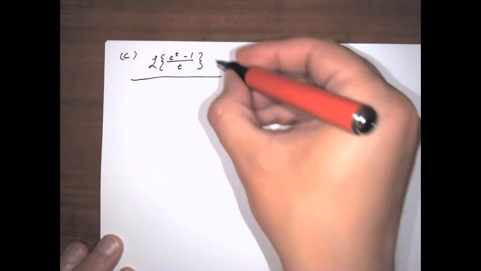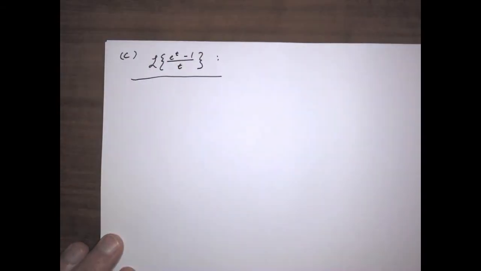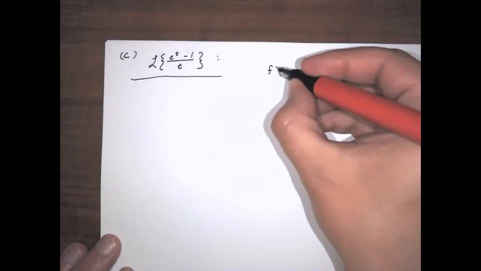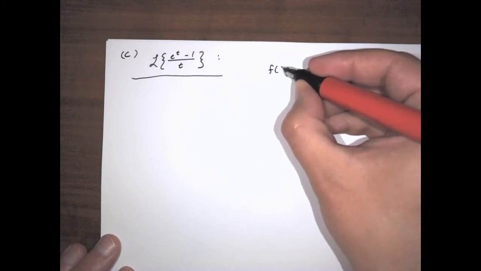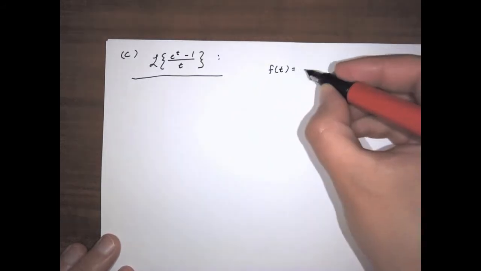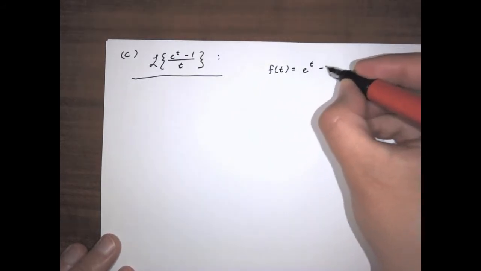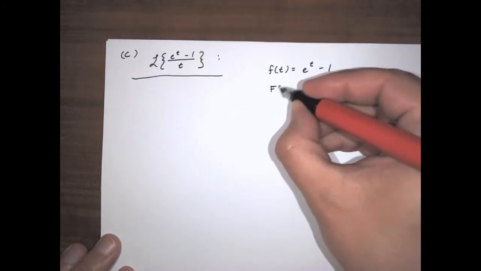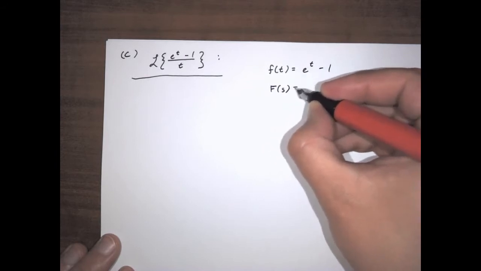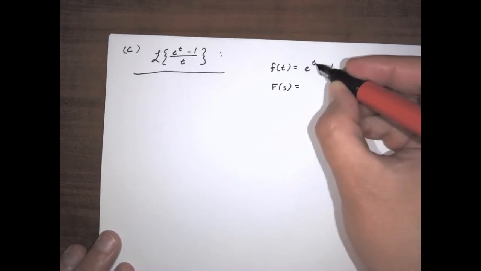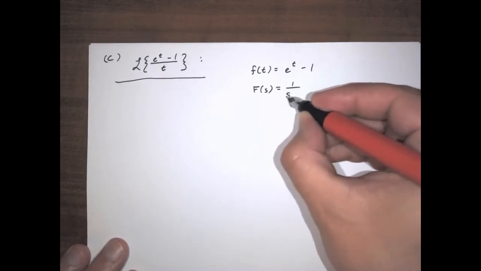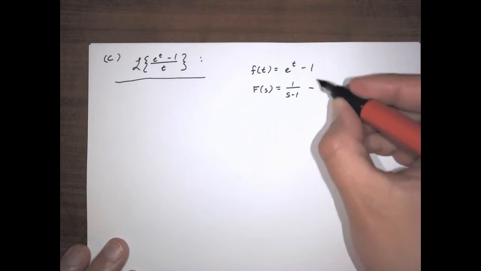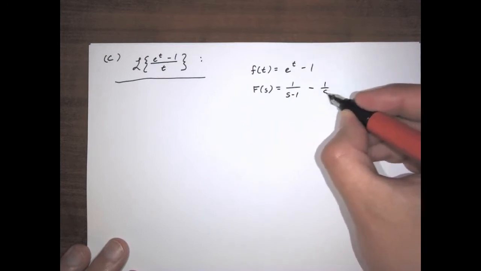So here, once again, we have a fraction, and so it is a t on the bottom, so we need to identify what the function on the top is, what its Laplace transform is, and what the integral of that would be. So f of t here would be e to the t minus 1, which means that the Laplace transform here is going to be, off the table, e to the 1t, so this means it's going to be 1 over s minus 1, minus 1, so that's going to be just 1 over s.